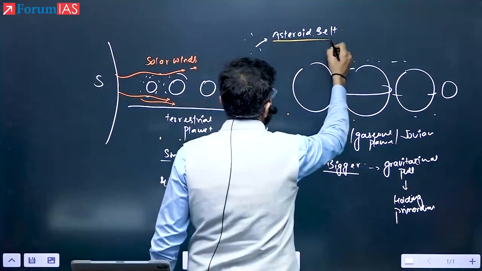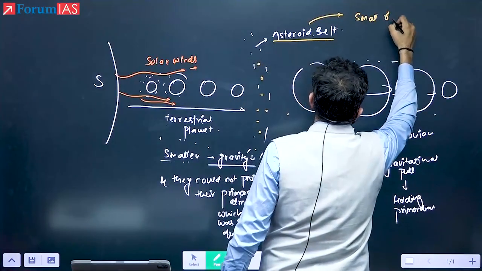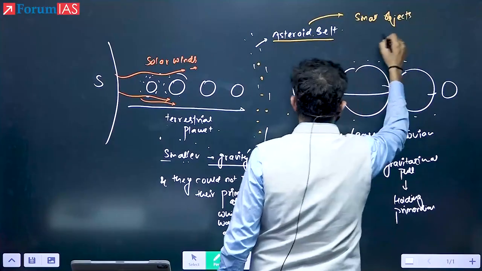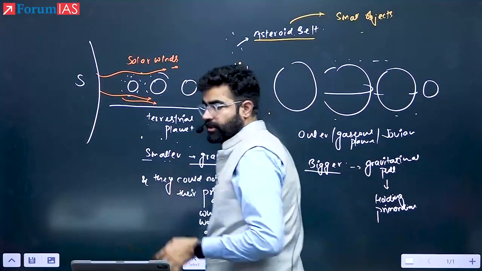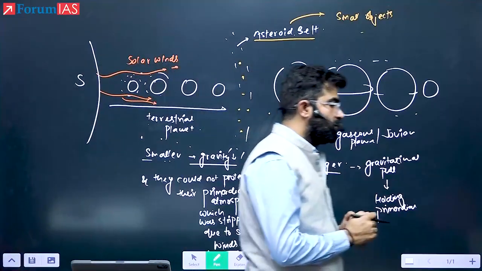Please remember, asteroids are small rocky bodies, small celestial objects. Please write down what are asteroids. They are small rocky objects.